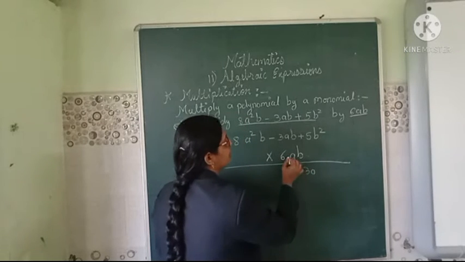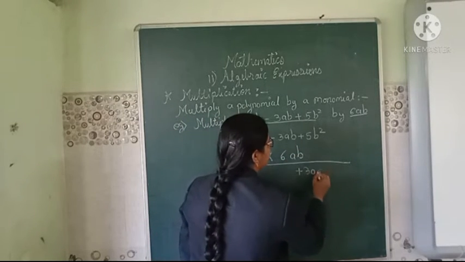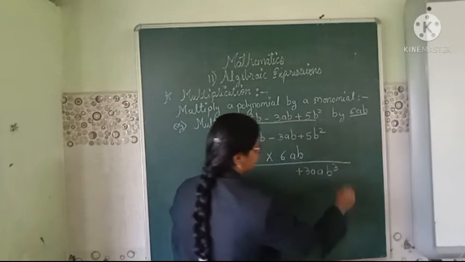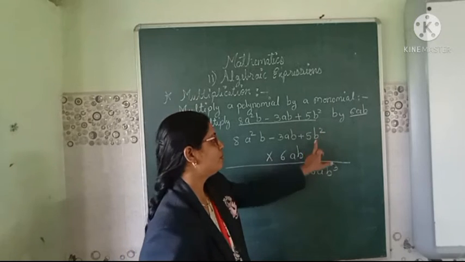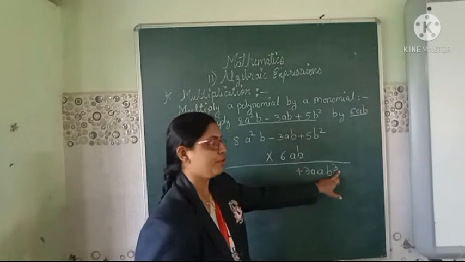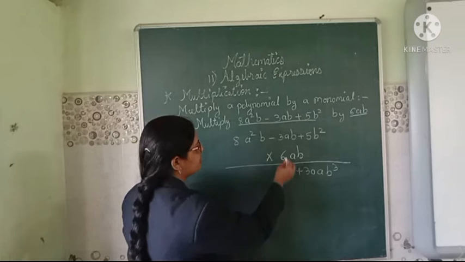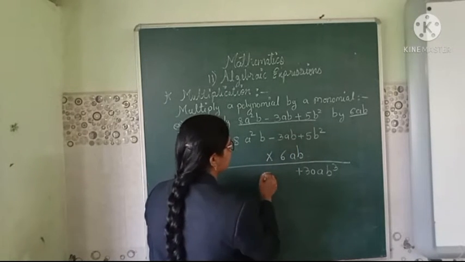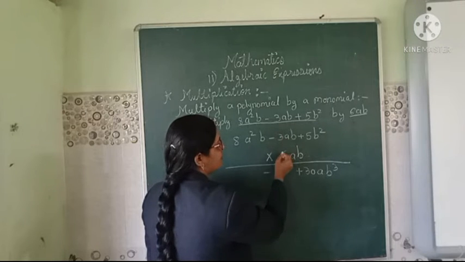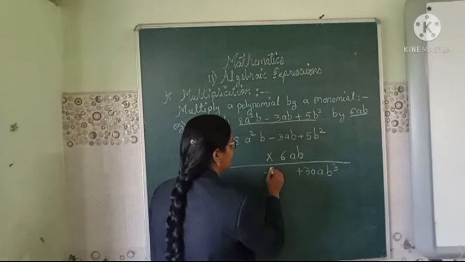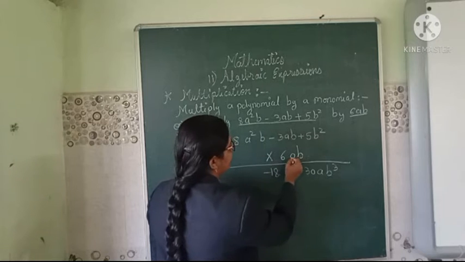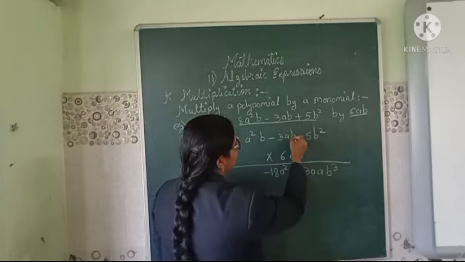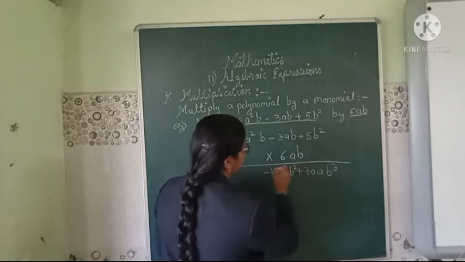So write 30a, and b multiplied by b square, b raised to 2 plus 1, will be b cube. Then the next term is negative 3ab. So we have to consider the negative sign here. The constants first we will multiply, that is 3 sixes are 18. a multiplied by a will be a square. b multiplied by b will be b square.